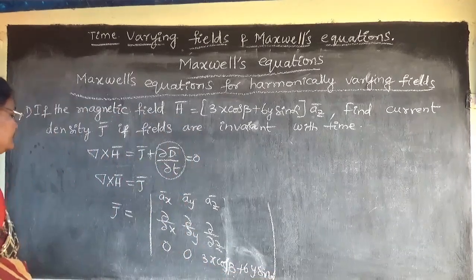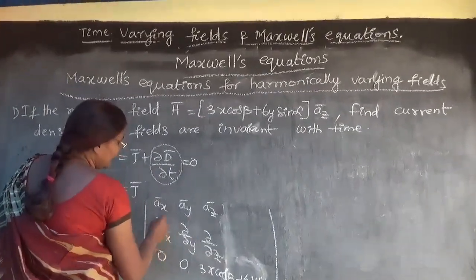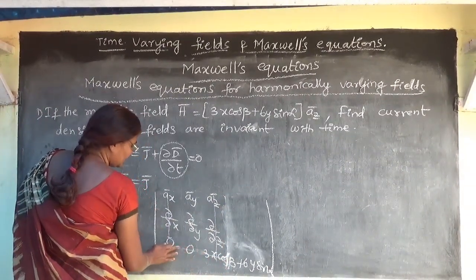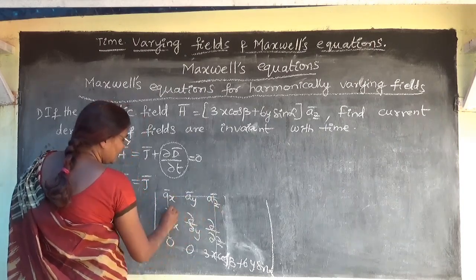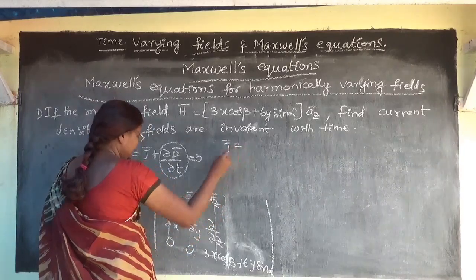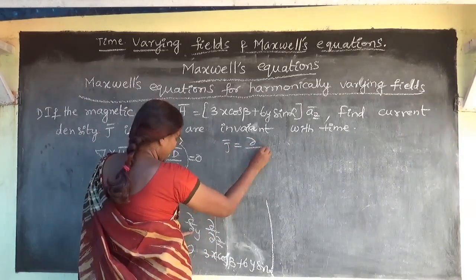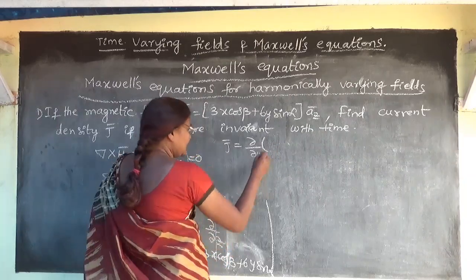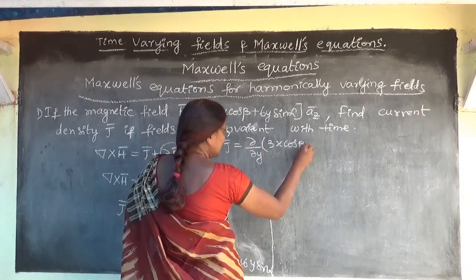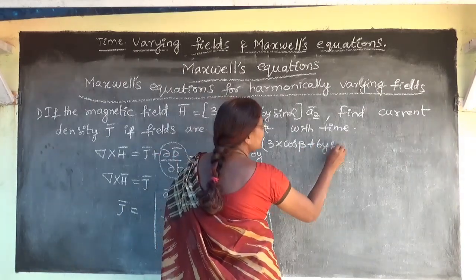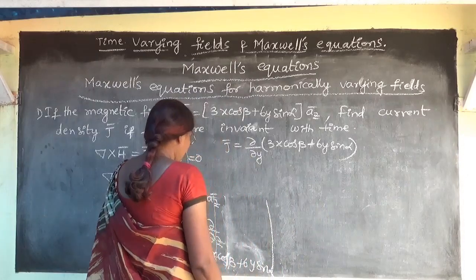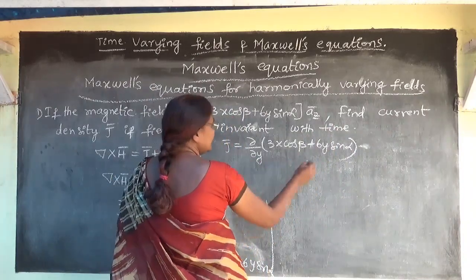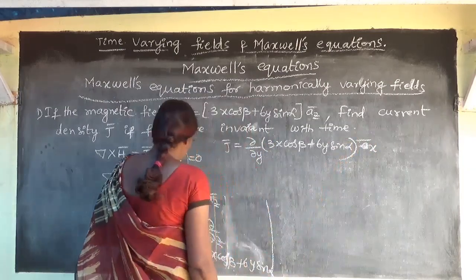If I expand along the first row, for a_x bar I get dou by dou y of (3x cos beta plus 6y sin alpha) minus 0, so the minus 0 is left like that, into a_x bar.